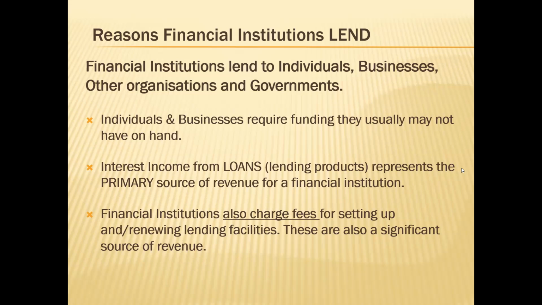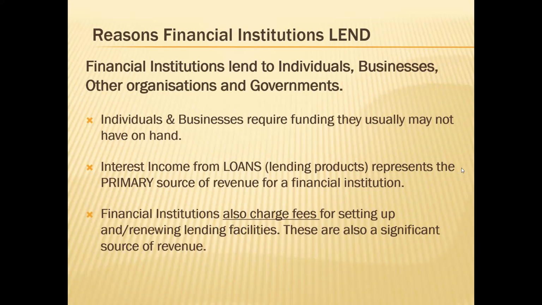Okay. So we said that some of the reasons we lend to individuals and businesses is that they require funding that they may not usually have on hand. Interest income from loans or lending products represents the primary source of revenue for financial institutions. Okay, that is very important.